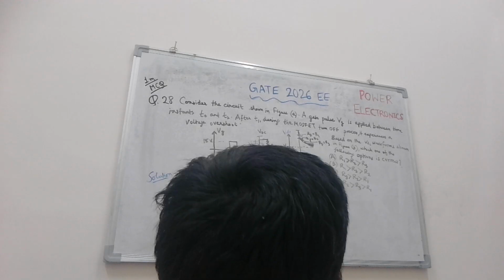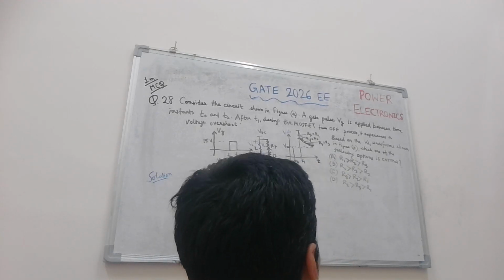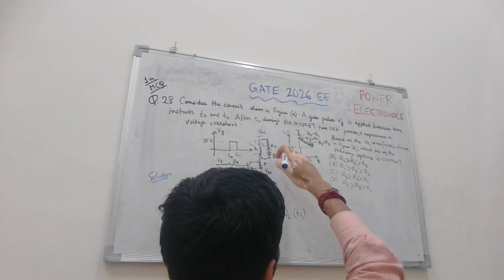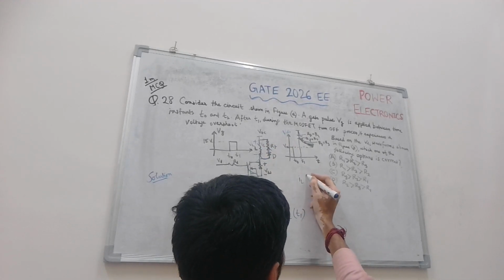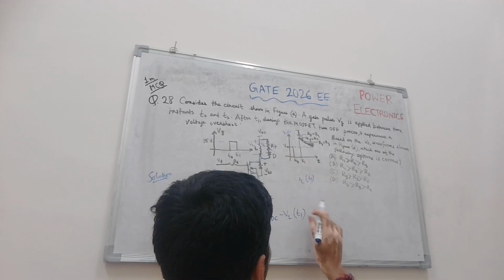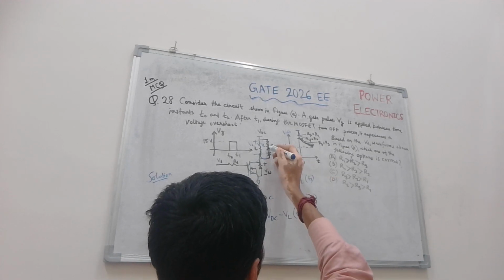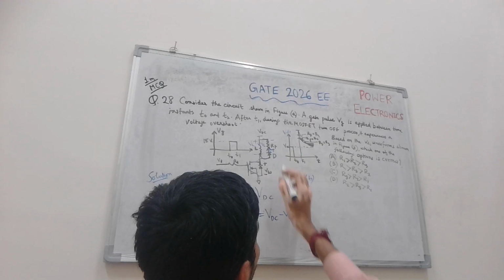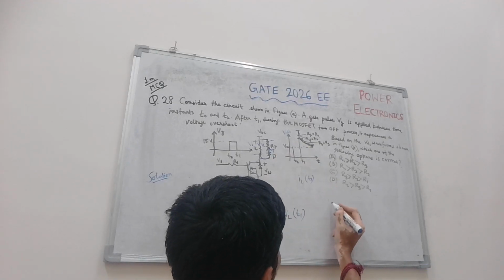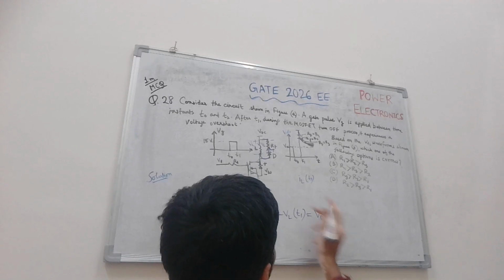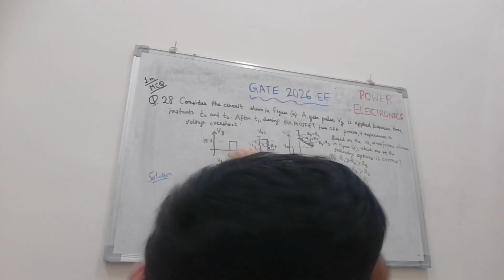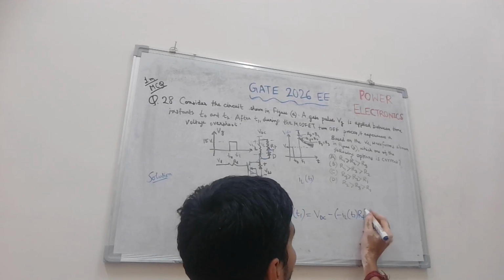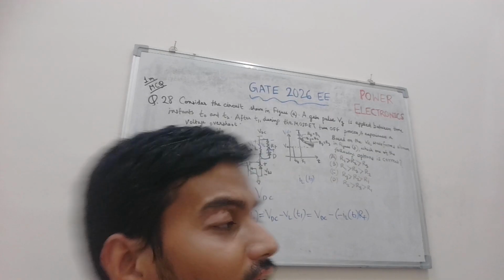Now, suppose at T1 the current flowing through the inductor was IL(T1), flowing in this direction. The diode will be short, so the voltage drop will be this. So VL at T1 will be minus IL(T1) times RF. Is it understandable? I hope it is clear.